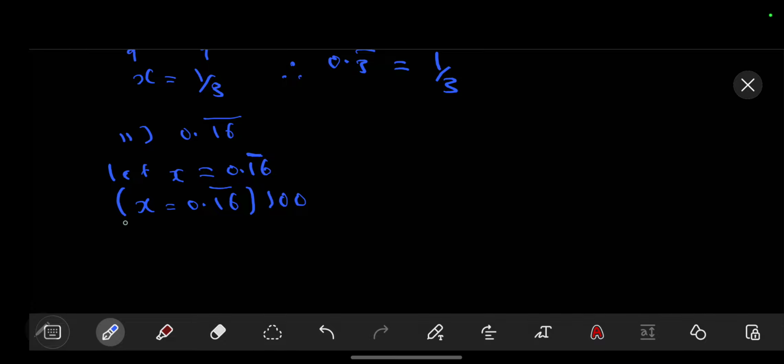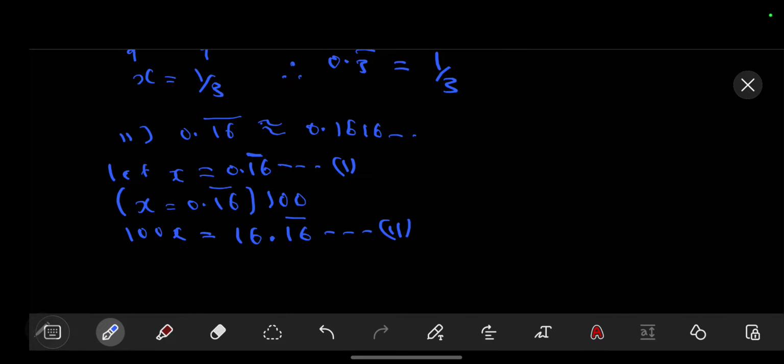So 100 times x gives us 100x, which should be equal to 16.16 bar. Just a reminder, this number is the same as 0.1616 and so on. It will continue like that. So this one is our equation 1, this one is our equation 2.